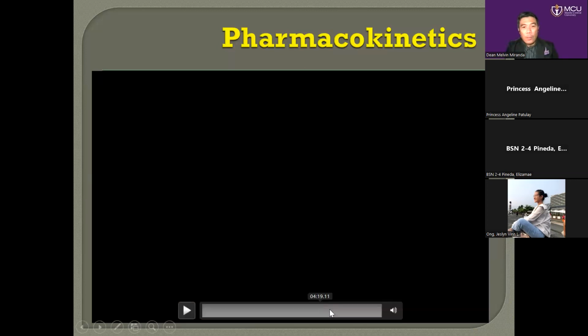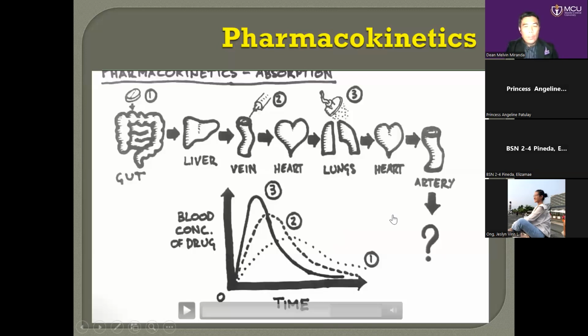Okay, so let us analyze the presentation a while ago. Let us try to review from the perspective of the circulation. In the circulatory system, we all know that the unoxygenated blood is located in the veins, and from the veins, it enters the right side of the heart, then to the lungs, and becomes oxygenated.